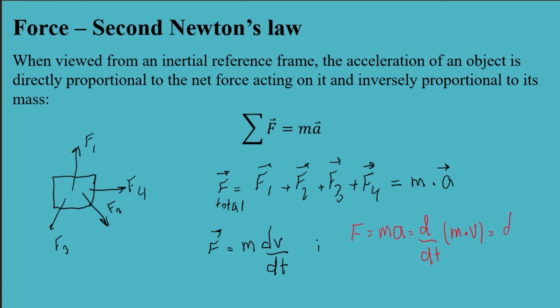So here we should also consider if the mass changes with time, and also if velocity changes with time, right? Sometimes mass also changes, and we need to consider that.